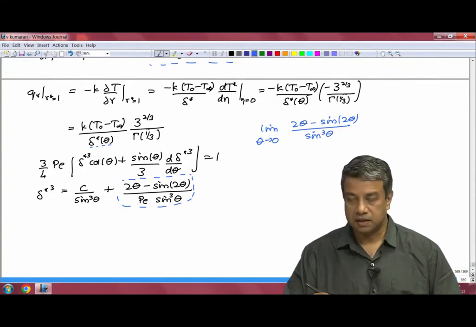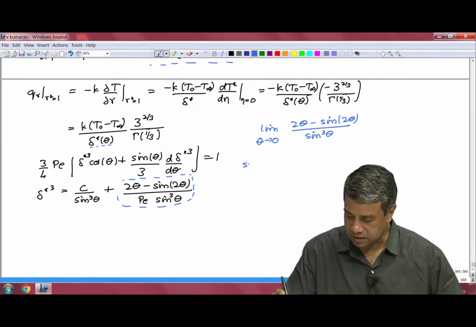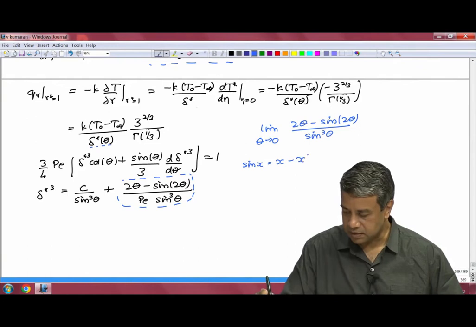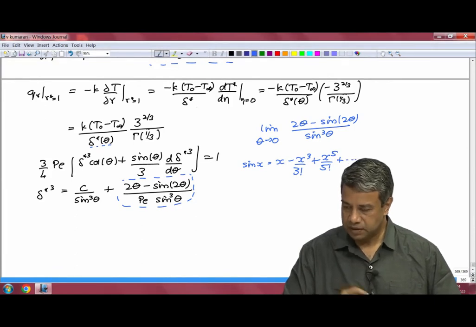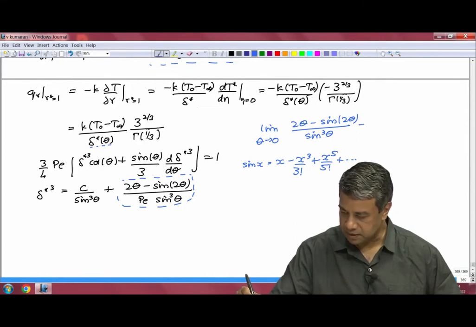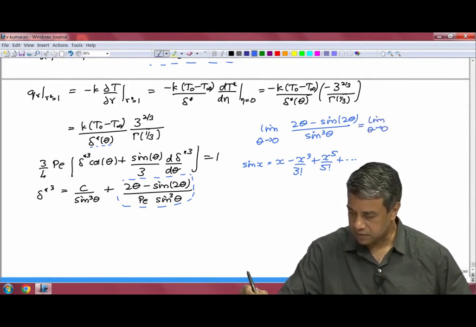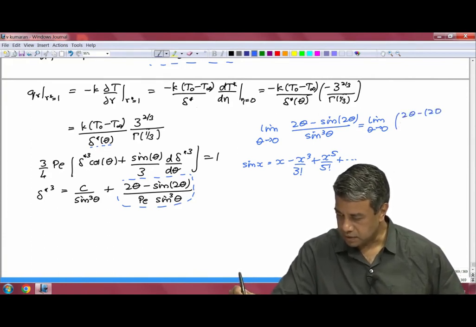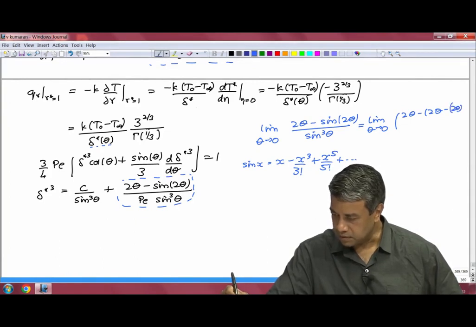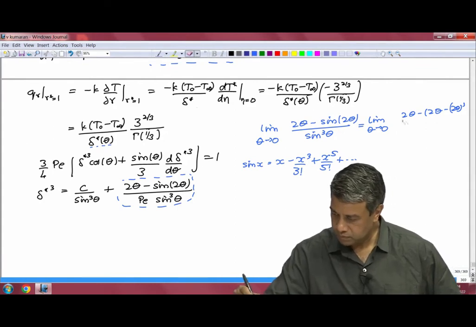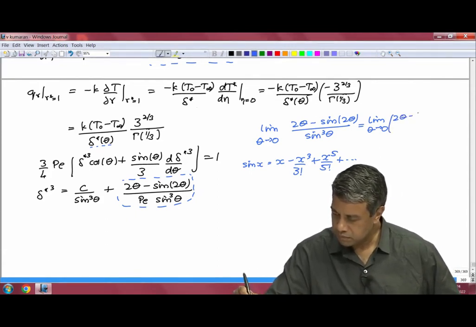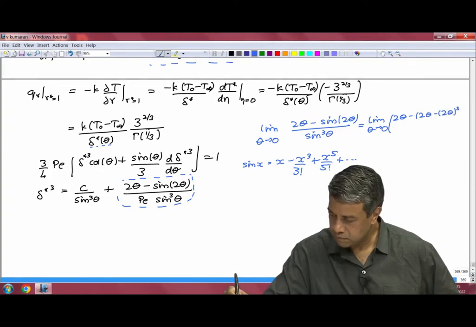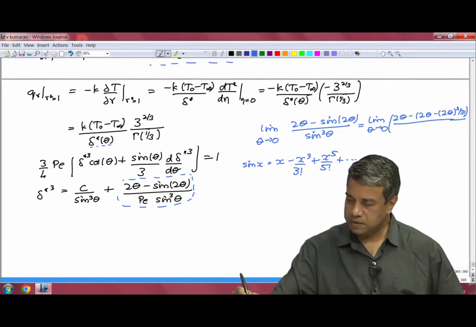In this limit, you can use the expansion sine of x is equal to x minus x cubed by 3 factorial plus x power 5 by 5 factorial plus etc. This will be equal to the limit as theta goes to 0 of 2 theta minus (2 theta minus 2 theta whole cubed by 3 factorial), and sine cube theta in this case goes as theta cubed.